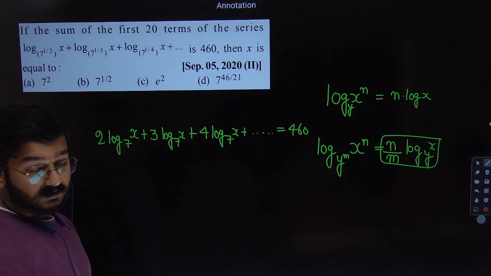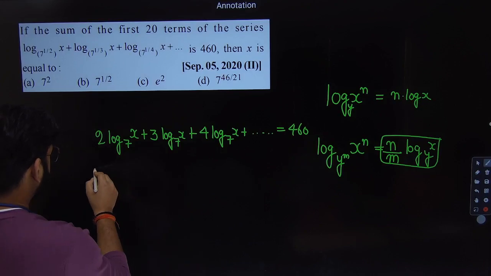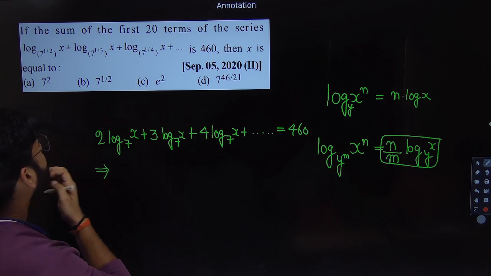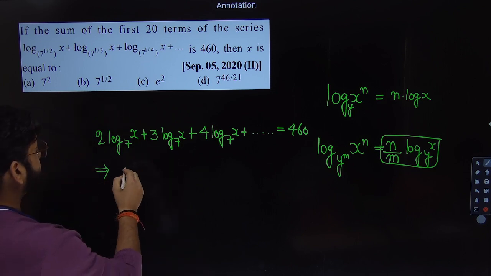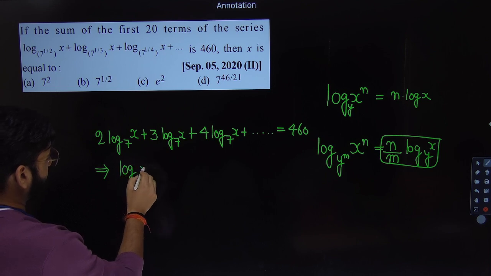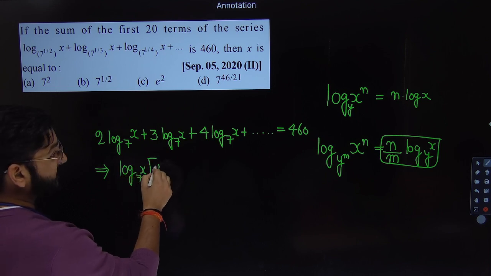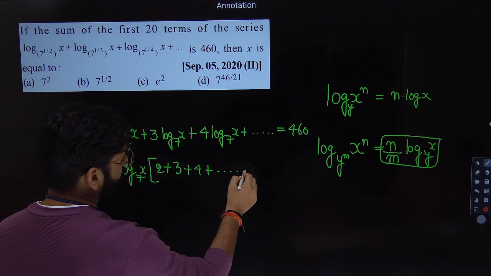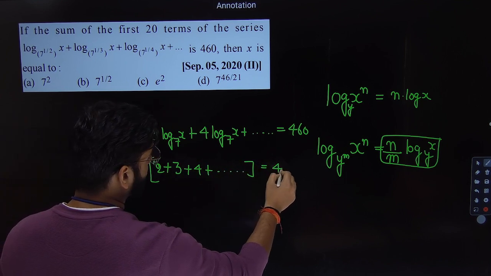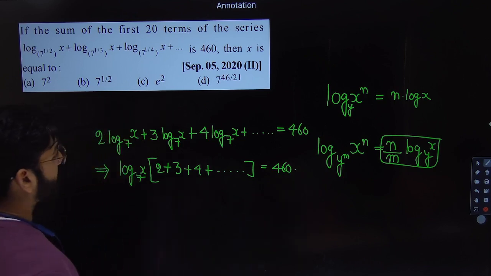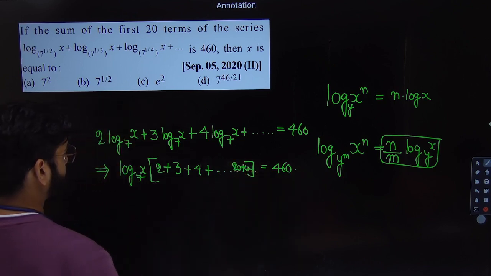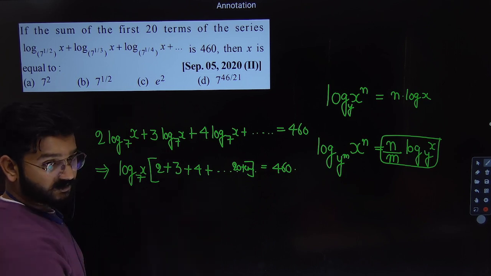Solve. When you come to the class, focus on the class, solve questions. So what can we take common? Log x. So what do we have inside the bracket? AP. How many terms are there? 20. So you can find the sum. What is the sum of the AP?